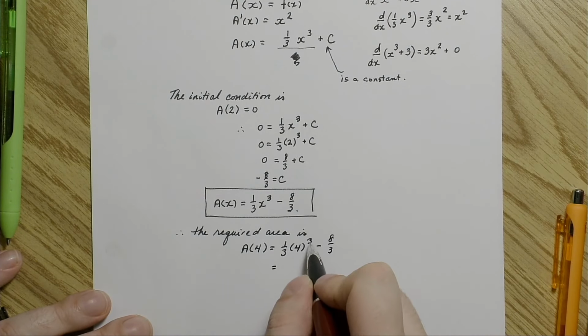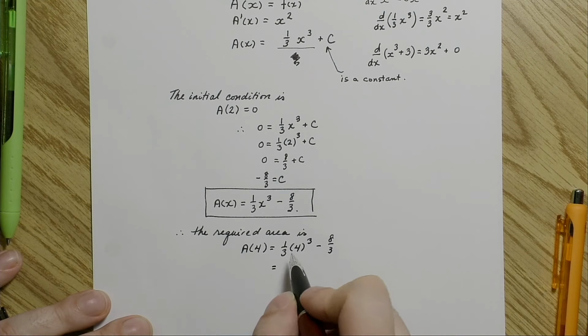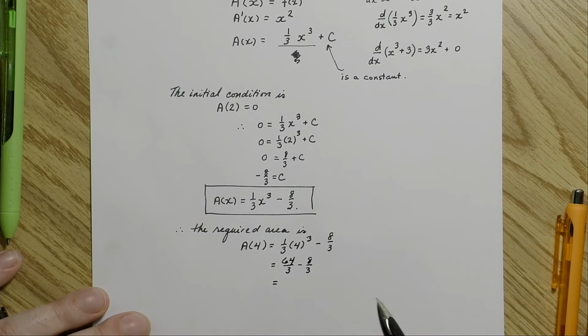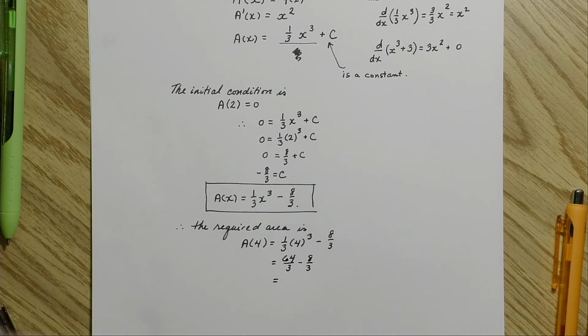And so 4 cubed, 16 times 4 is 64/3 minus 8/3. And is that 56/3? I hope so. I thought I had written it out, but yeah, it is 56 over 3. Okay, good.